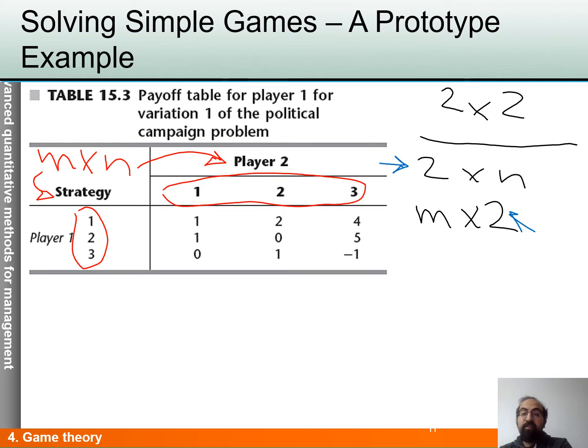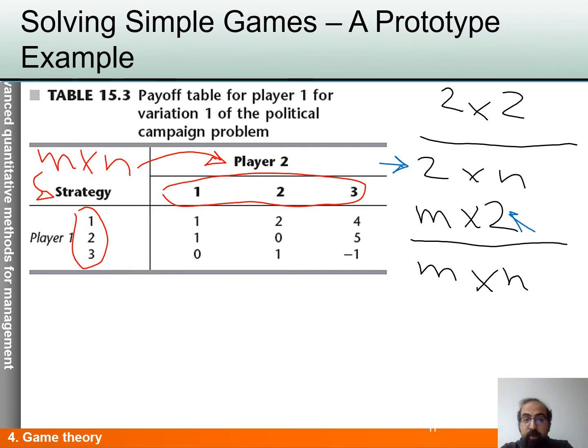Okay, and finally, imagine a table of size m multiplied by n. Based on what we reviewed in the other 2 groups before, it means that the numbers m and n in this classification should be 3 or more.